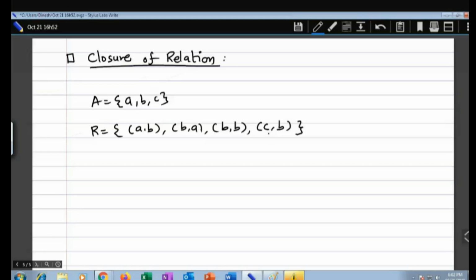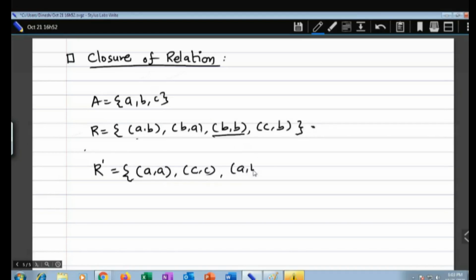Now if you see, is this a reflexive type of relation? No, only (b, b) is present, but (a, a) is not present, and even (c, c) is not present. So I can have R' such that I will have (a, a) and (c, c), which are actually not present over here.